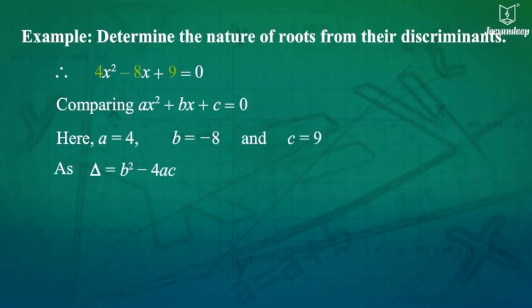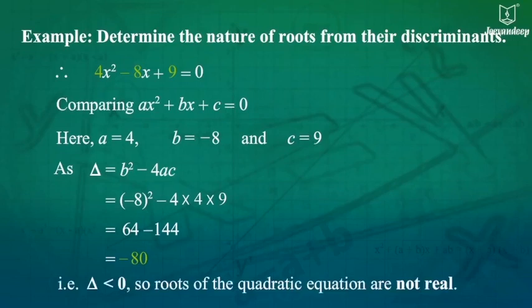As delta, or the discriminant of a quadratic equation, is given by b² - 4ac, putting the values we get 64 - 144. Therefore, delta = -80. Here, as delta is smaller than 0, the roots of the quadratic equation are not real.